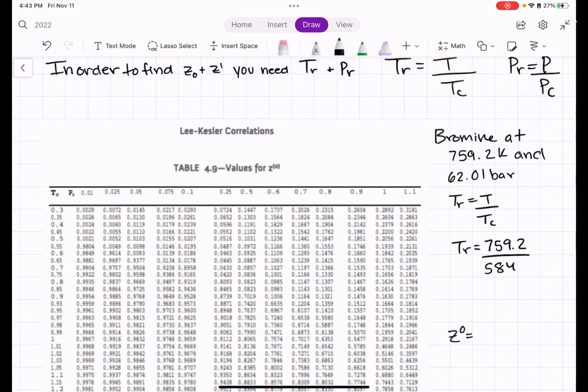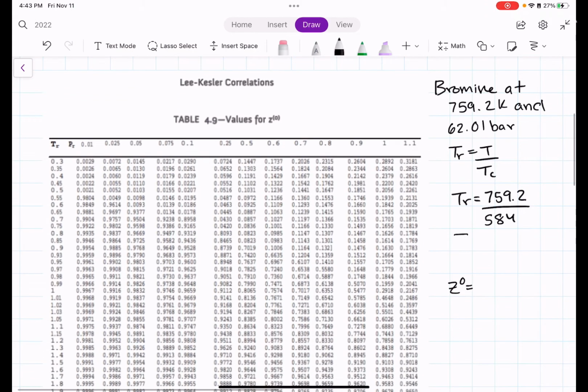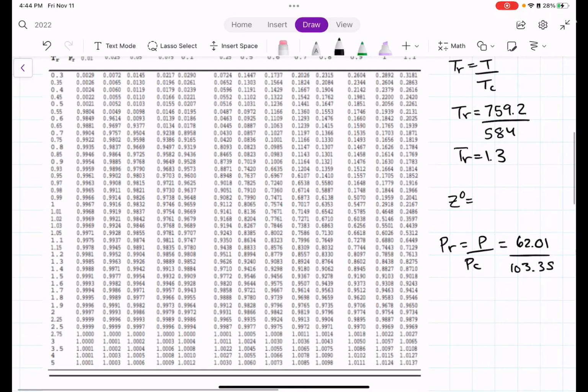You do that calculation, 759.2 divided by 584, and you get that TR is equal to 1.3. Then you do the same thing for PR. PR is P over PC. The given pressure is 62.01, and when you look the critical pressure up, it should be 103.35. When you do that calculation, you get your reduced pressure being 0.6.